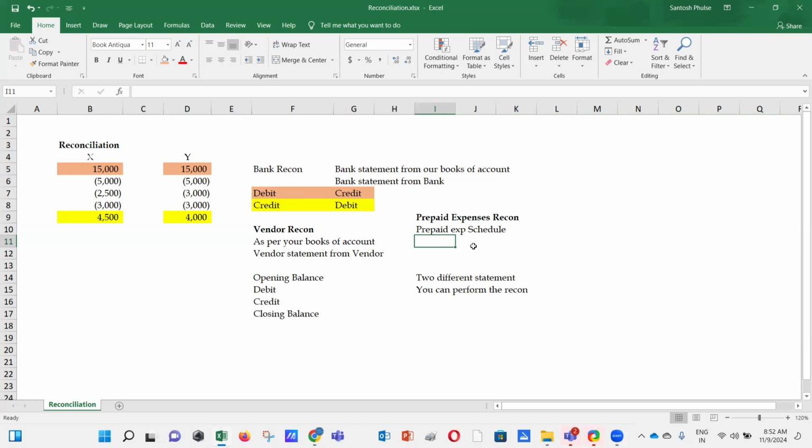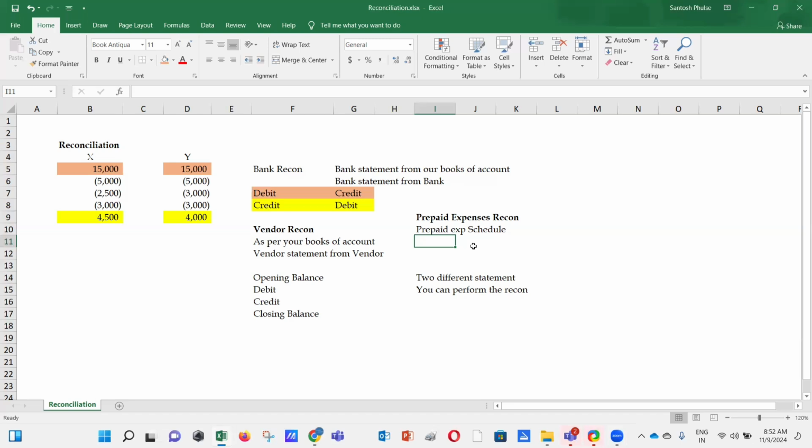So we transfer from expenses to the balance sheet as prepaid expenses. But we haven't captured, recorded or added those details in the prepaid expense schedules. So your prepaid expense balance is different as per the GL and as per your schedules.